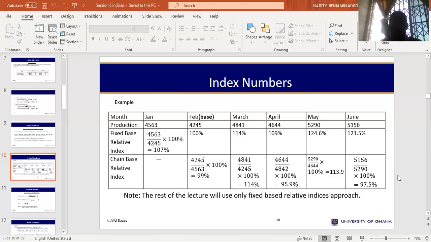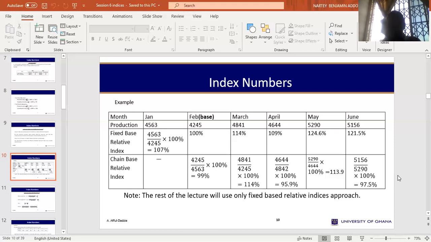When we come to March, we have 4841 over 4245, which will be 114. When we come to April, it will be 4644 over 4841, because the immediate month was March. This should have been 4841, not 4842, so you can make that correction.